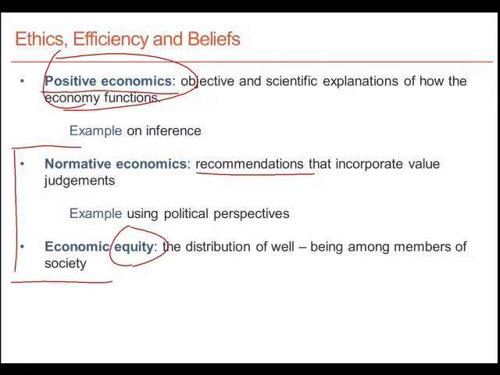That goal might be based on notions of economic equity. So, positive economics is primarily descriptive, scientific, and investigative. Normative economics has to do with the kinds of policy issues that we deal with and the kinds of policy measures that we embark upon that take into account the well-being of different segments of our economy or different segments of our society.